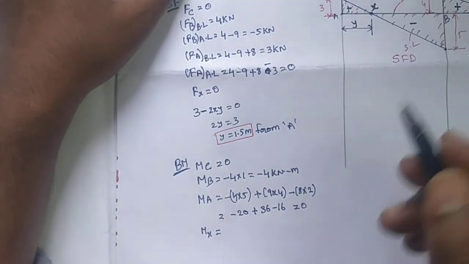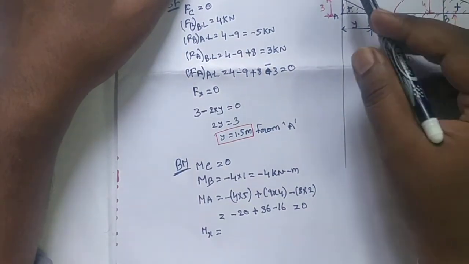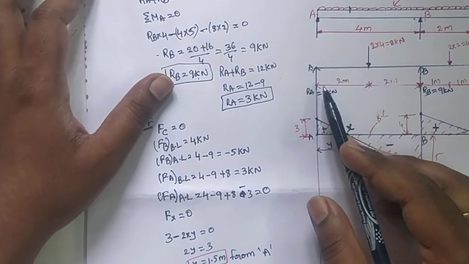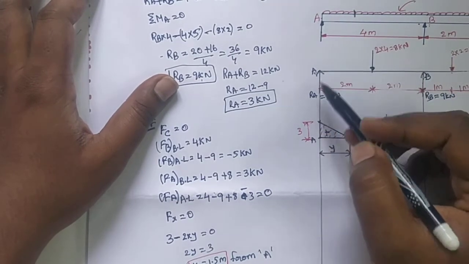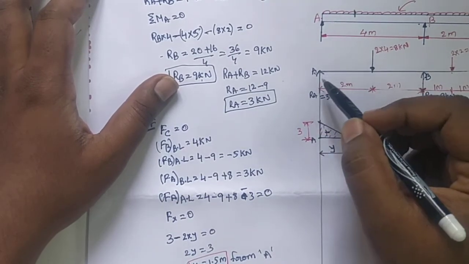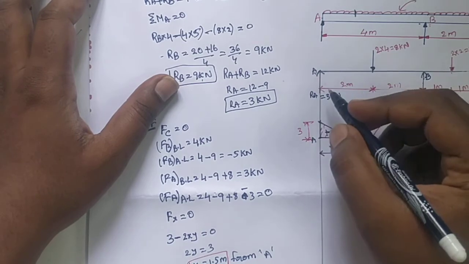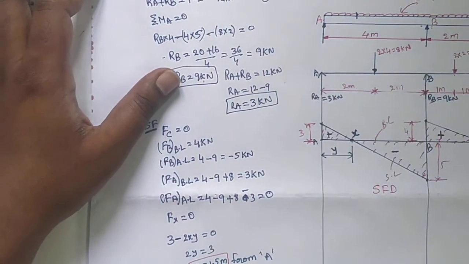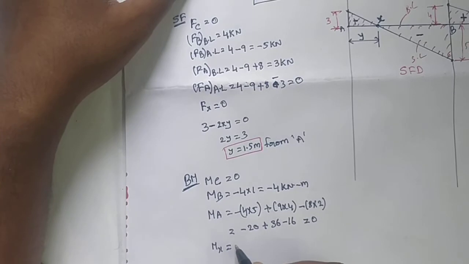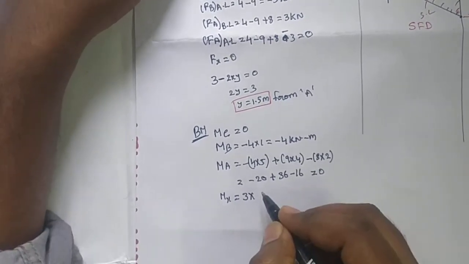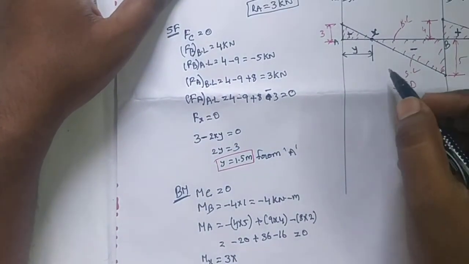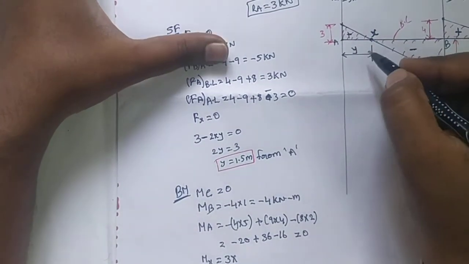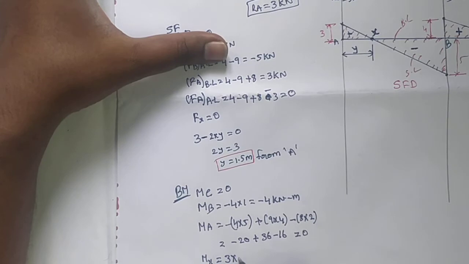On the left side, one reaction force and some UDL are acting. The reaction force is acting clockwise, so it is taken as positive, that is 3 into the distance from this point to this point, y. Here y is 1.5 meters, that is 3 into 1.5.